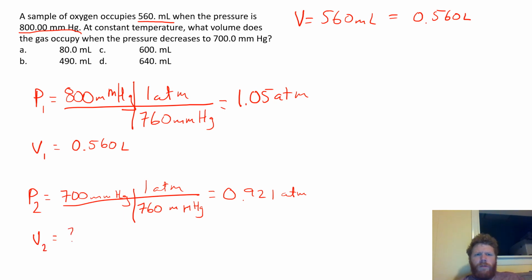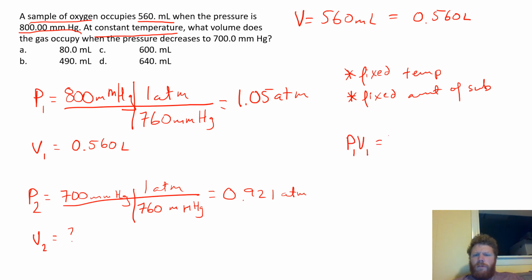With this, when we have constant temperature and we know nothing about our sample, the amount of our substance doesn't change. So we have fixed temp. We also have fixed amount of substance. What we can do is say P1 V1 equals P2 V2.